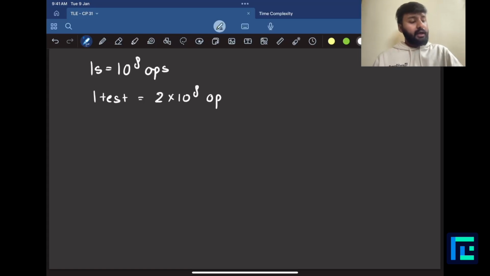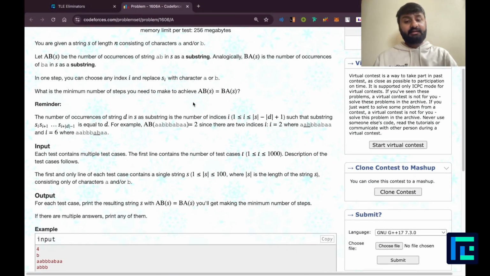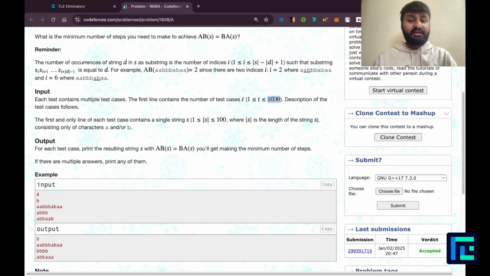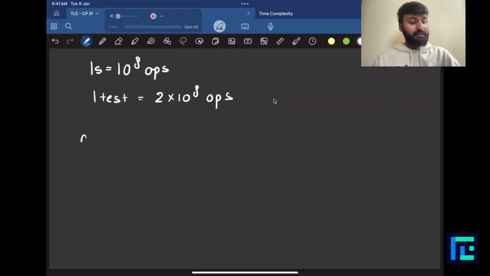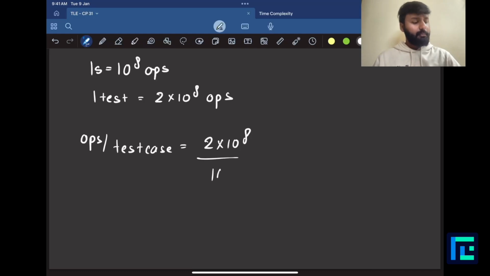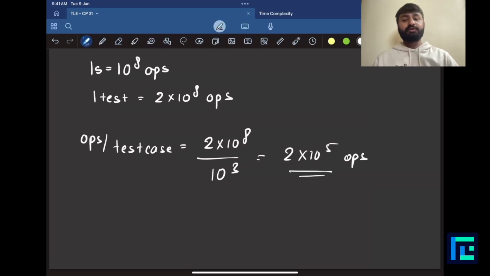Pretty simple. Now, inside every test, there is a test case count, this value t, that is in 1000 order. So we need to also figure out the number of operations you might perform on average for every test case. You write 2 into 10 raised to 8 operations upon 10 raised to 3, that is 2 into 10 raised to 5 operations. So this is the average number of elementary operations you are allowed to perform for every test case.